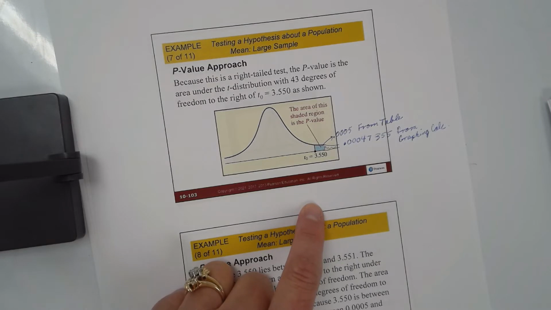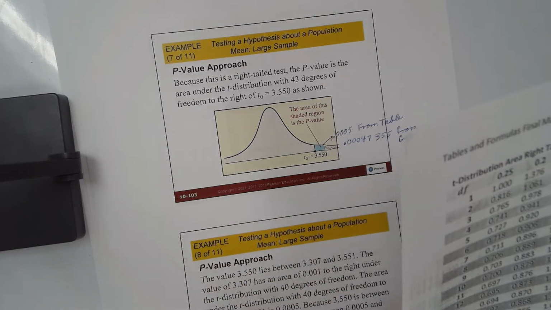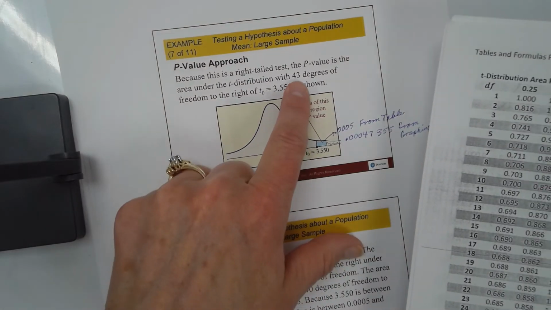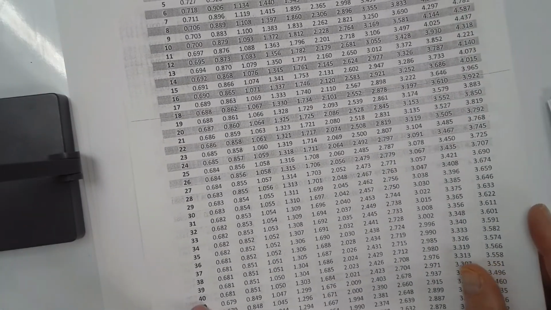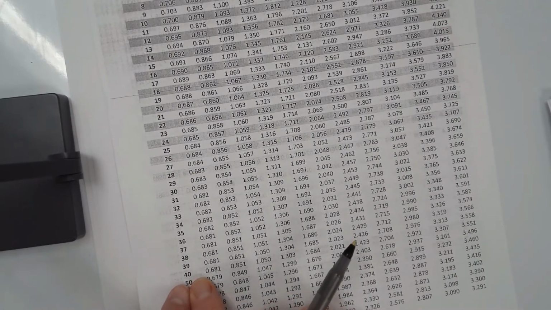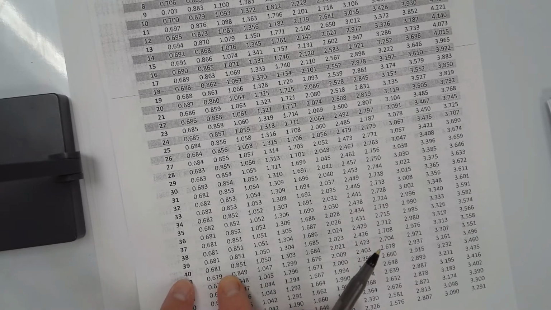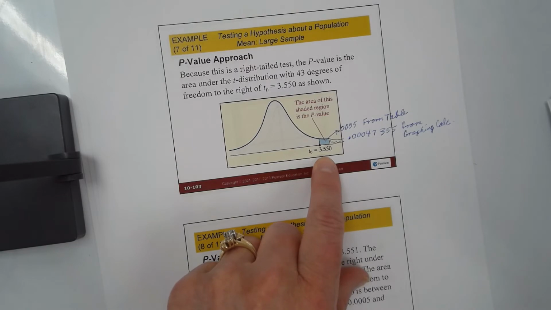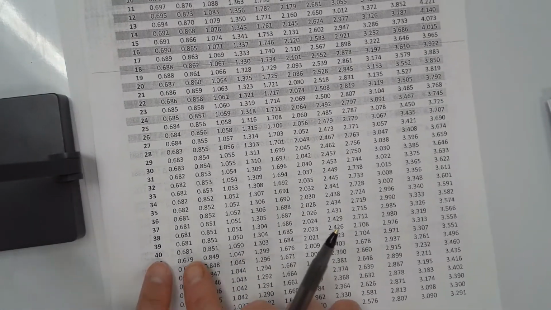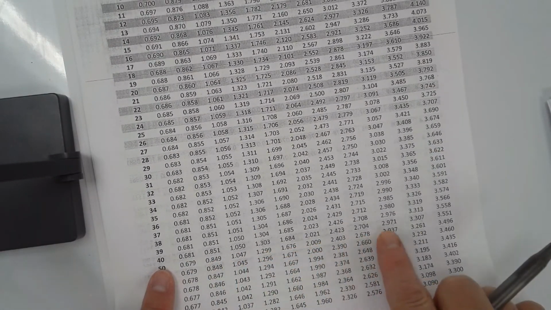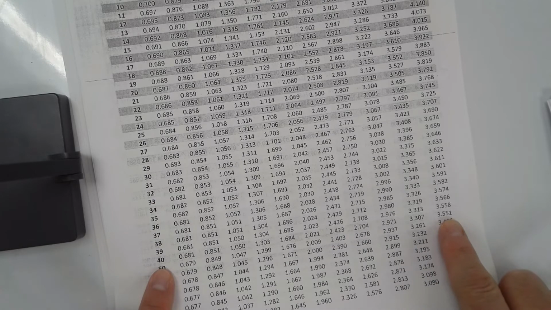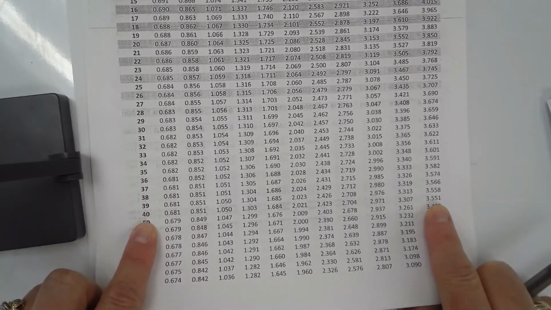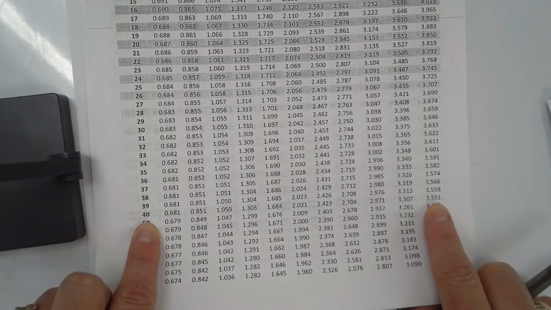So if you look at the table, this is degrees of freedom 43. If you go to the t-table, 40 is as close as you can get. And so we're looking for a cut point of 3.55. If you go across that row, 3.551 is as close as we're going to get, and that's going across the row of degrees of freedom 40.